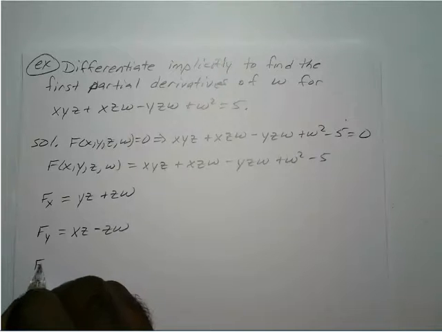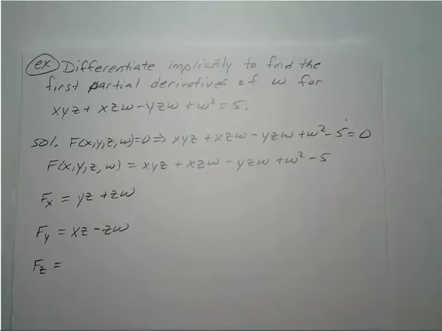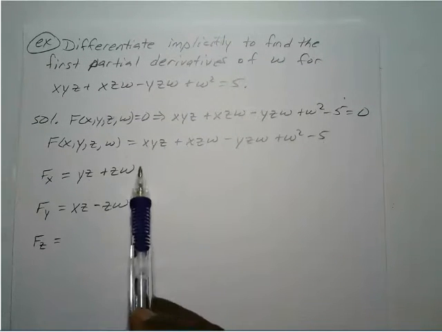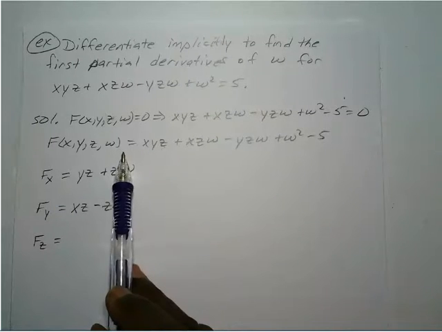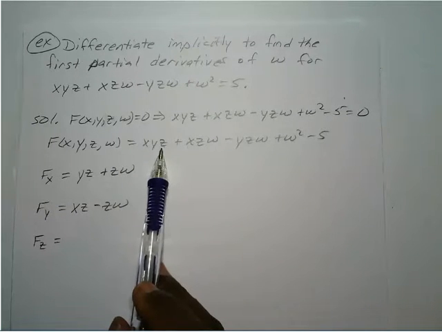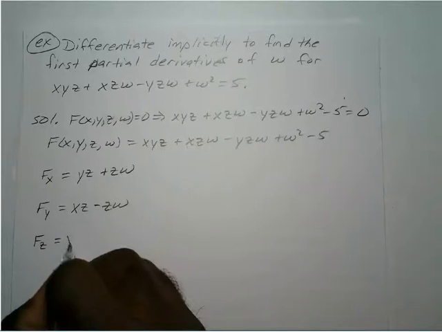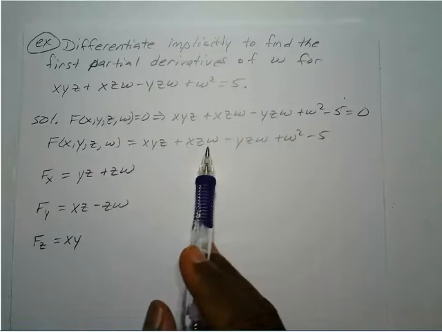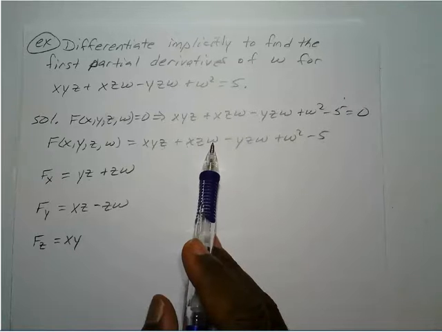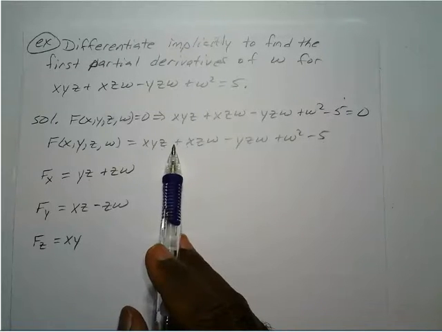Now you have the partial with respect to z. In this term, the x and y are considered constants, so they go out to the front. Derivative of z is just 1, so 1 times x times y is just xy. Same thing here, the x and w are considered constants, so they go out to the front.